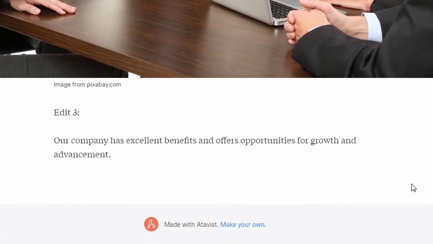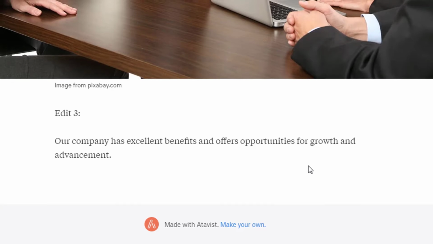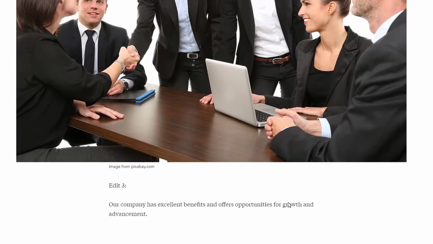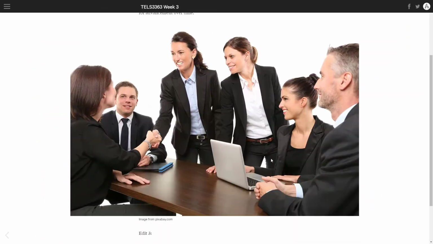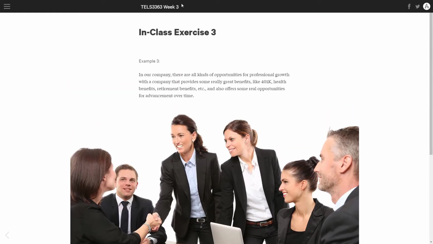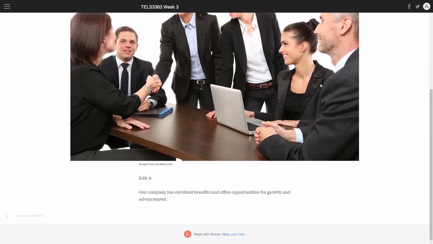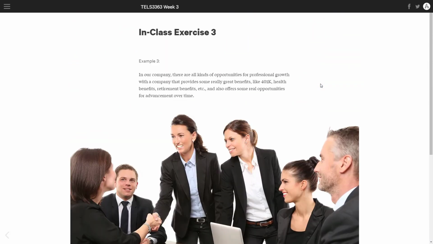How about this one: our company has excellent benefits and offers opportunities for growth and advancement. You think you left out too much, maybe? With the first sentence, excellent benefits? These were just examples of benefits, 401k, health benefits, retirement. So you could clearly leave all of that out and just say benefits. So those are the kinds of things we're going to be looking for when we want to aim for really concise language in our work.